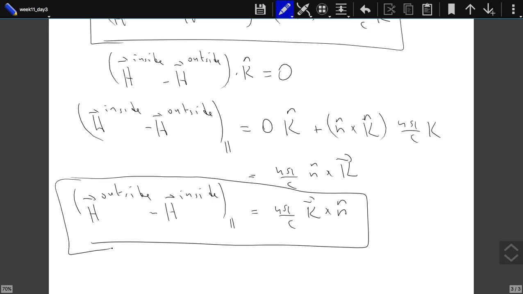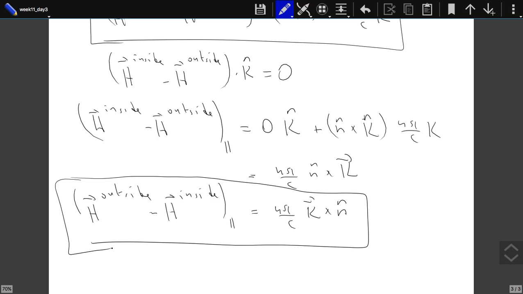So this is just a short way of writing the previous two results. So now we also know how to relate the H and B fields on both sides of our surface.